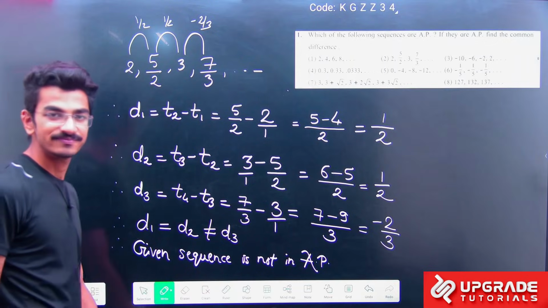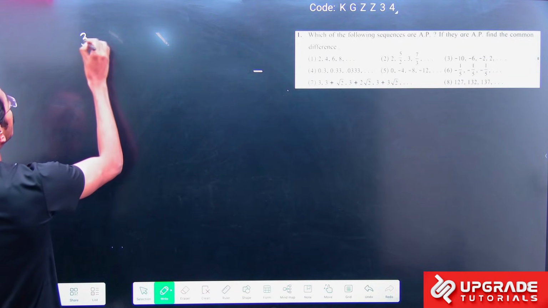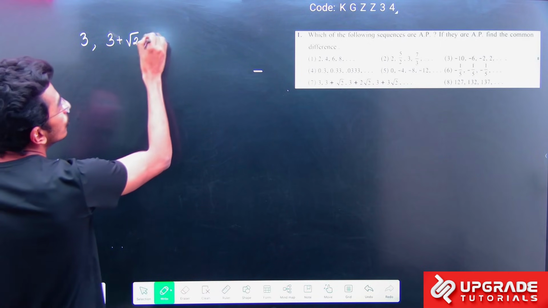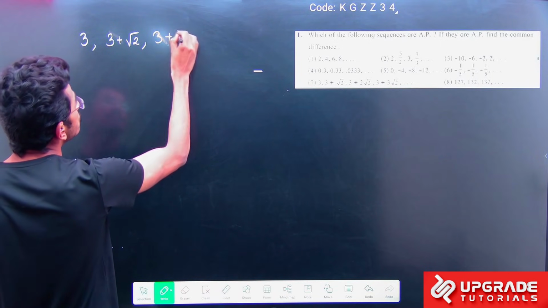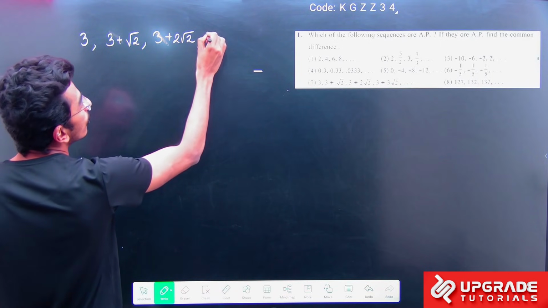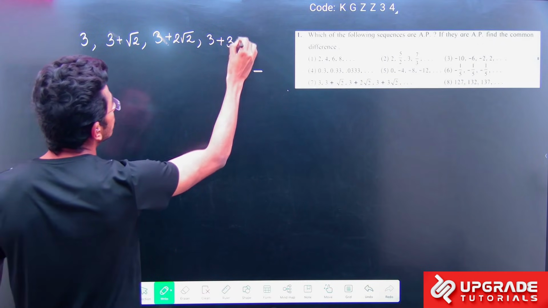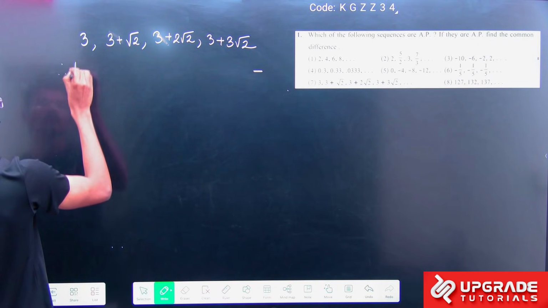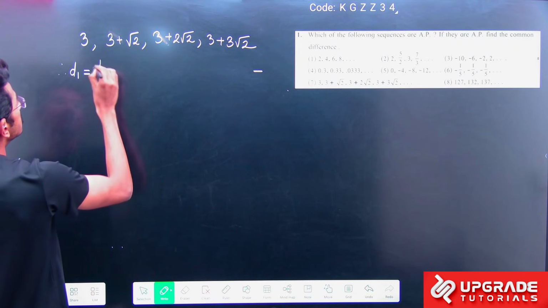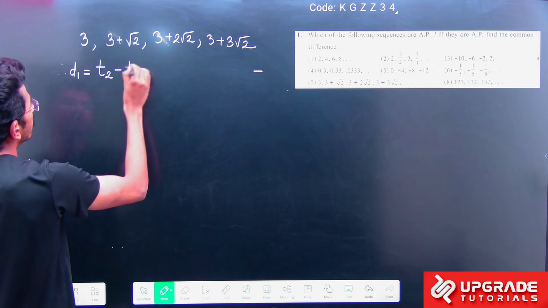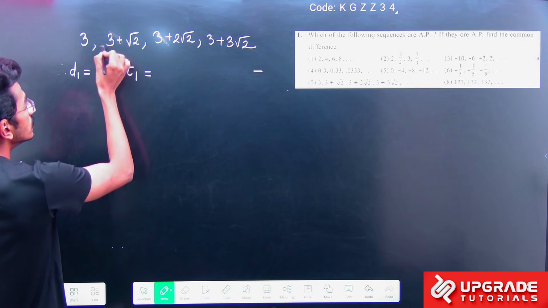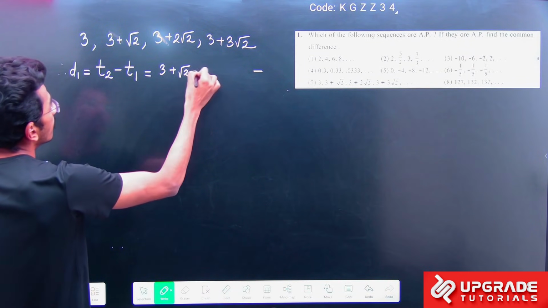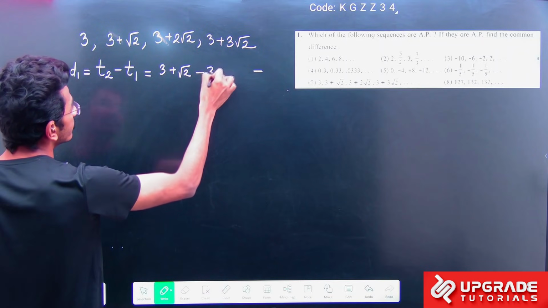Very good. Understood? 3, 3 plus root 2, 3 plus 2 root 2, 3 plus 3 root 2. Therefore D1 will be T2 minus T1. What is T2? 3 plus root 2 minus T1, which is 3.